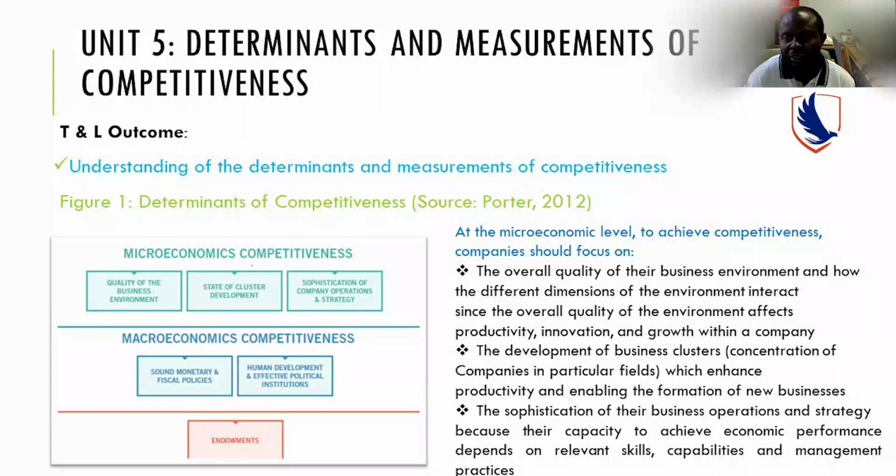Number two, the company should focus on the development of business clusters, trying to see where companies are concentrated in a particular field, so that they can use that to enhance productivity and enable the formation of new businesses for the company to expand as well. But also, number three, the company needs to focus on the sophistication of their business operations and strategy, because their capacity to achieve economic performance will depend on relevant skills, capabilities, and management practices.